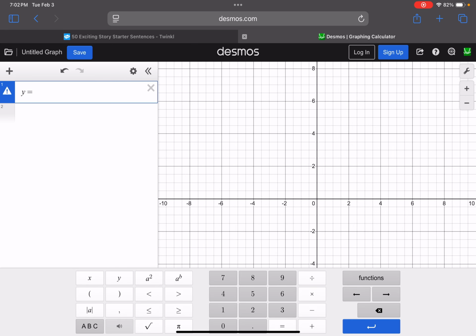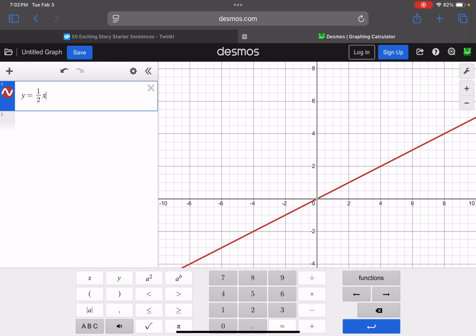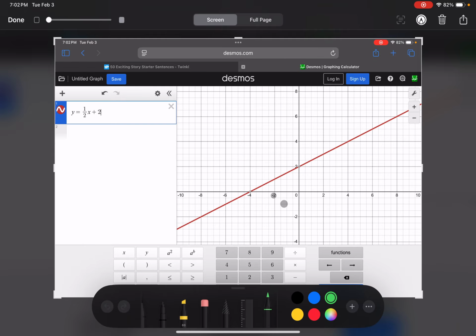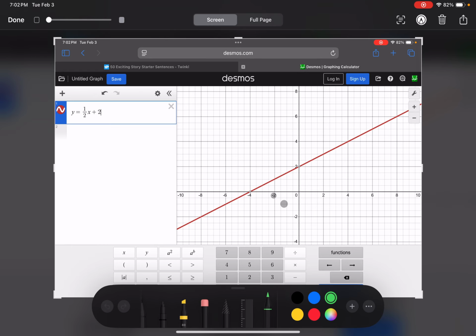Y equals, let's do a fraction, 1/2 x plus 2. Now, if I were writing on the screen, I would take a screenshot.